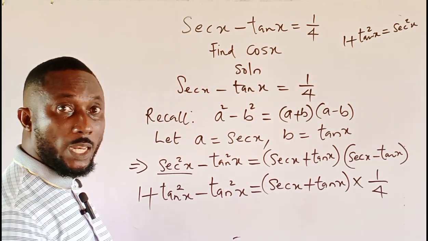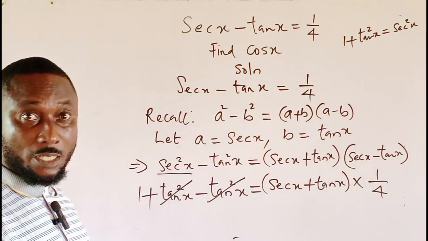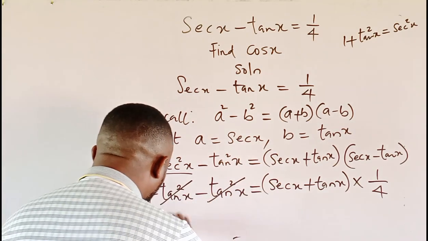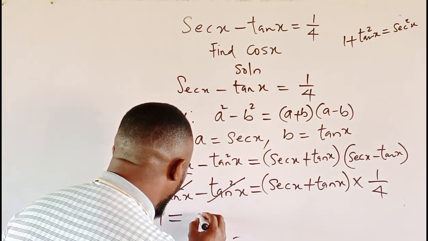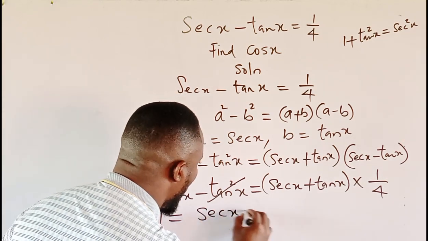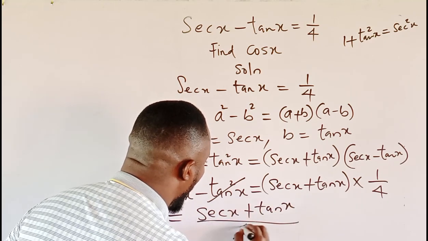Now, tan squared x minus tan squared x, we subtract out. We are left with 1 on the left-hand side. Then on the right-hand side, we are going to have secant x plus tangent x all upon 4.